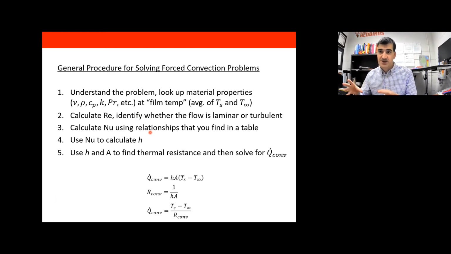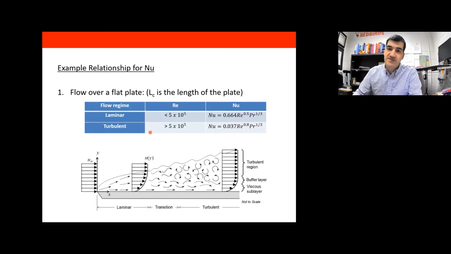So these relationships I'm about to give you, these equations, there's nothing theoretical about them. You can't derive them. It is not possible to derive them. It's all experimental. It's all based on people doing experiments and figuring out the rate of heat transfer and the Nusselt number. So here are the equations that you will have to use for different situations.